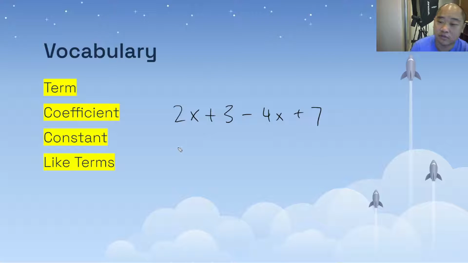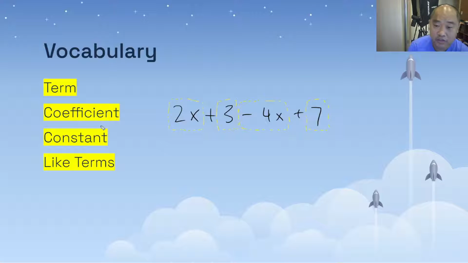And so in order to simplify that, first let's talk about some of the vocabulary that goes along with it. Each one of these little pieces is called a term. So each of these is a term.